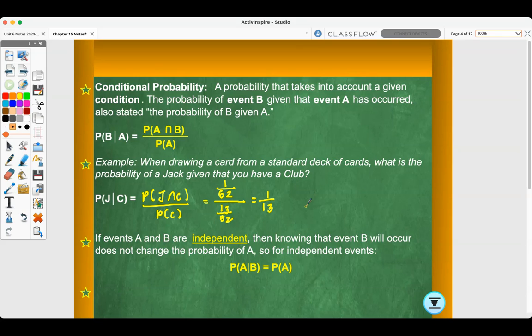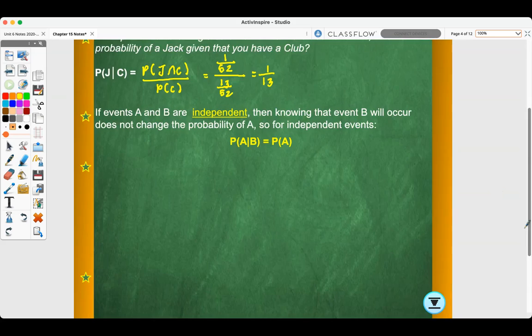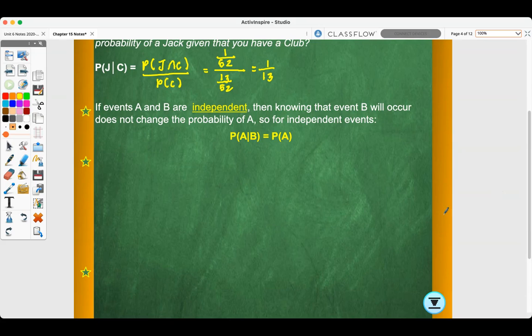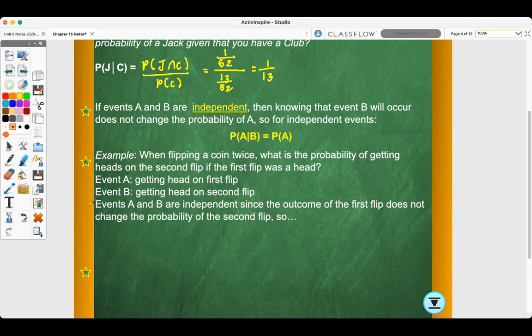If events A and B are independent, then knowing that event B will occur does not change the probability of A. So for independent events, the probability of A given B equals the probability of A. Let's look at this example. When flipping a coin twice, what is the probability of getting heads on the second flip if the first flip was a heads?